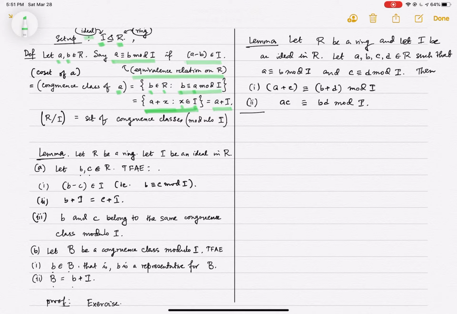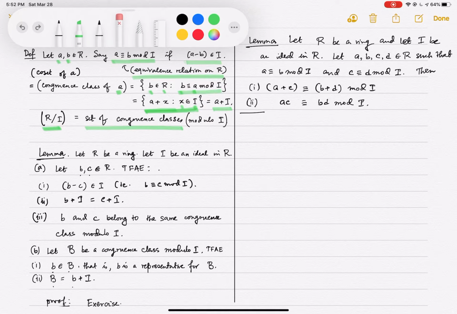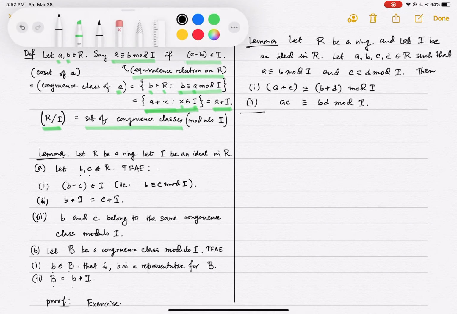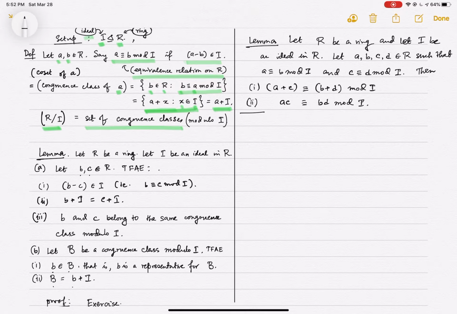We denote this coset of a by a plus I to indicate that it consists of all these elements. And then R mod I denotes the set of all equivalence classes modulo I, the set of all such sets. And then we had this little lemma, a bunch of equivalences that tell you when something belongs to a congruence class.